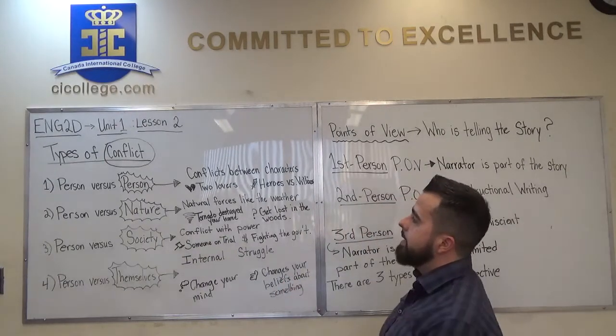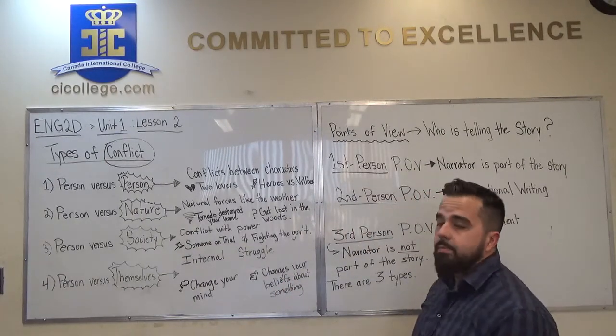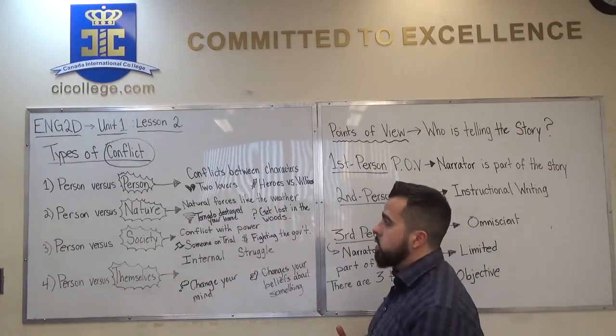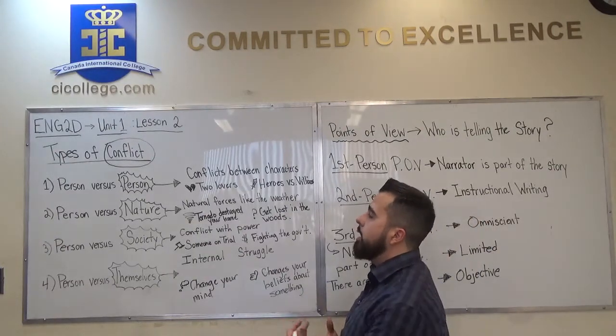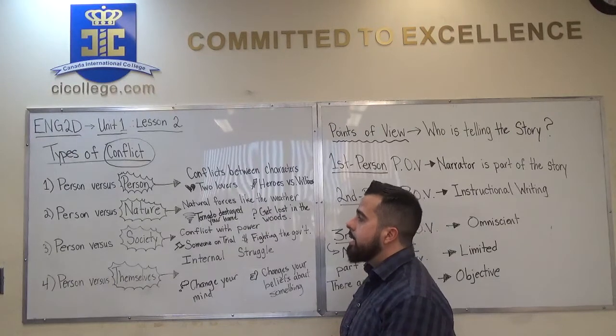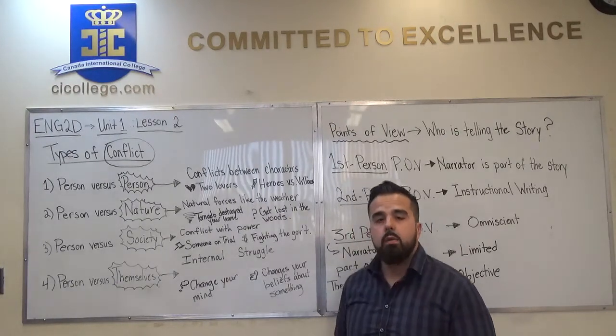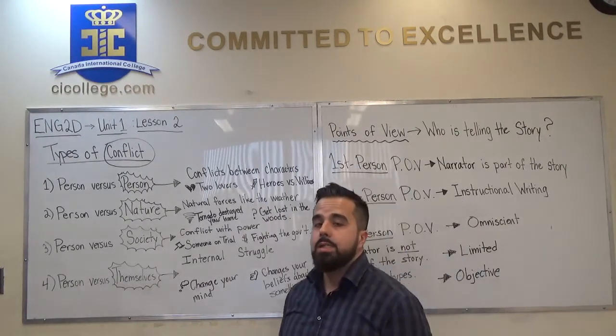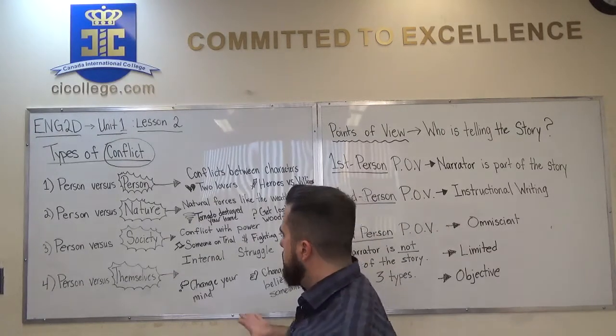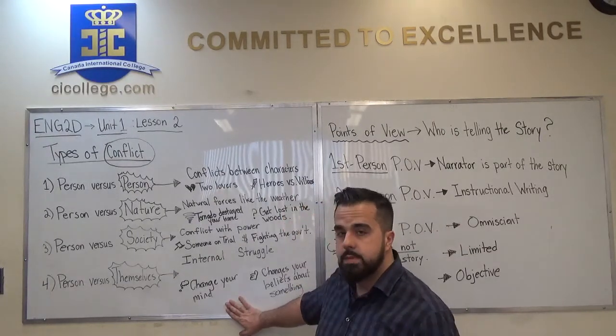All of these are good examples of the different types of conflict that you might see in a story. So it's really important that you understand and recognize these types of conflicts while you're reading, while you're writing, so that you can understand their importance. Alright, so that's one story element, conflict.